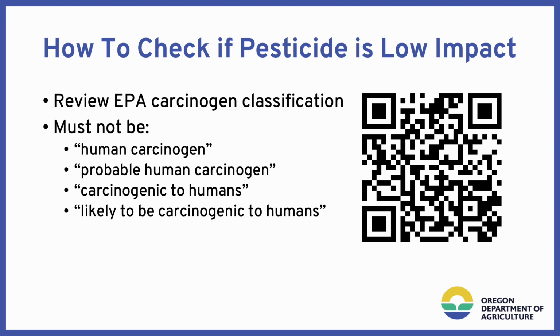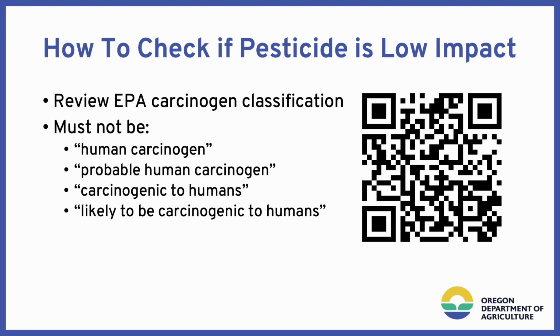This marries the 2 guidelines cited in ORS 634.705, subsection 5, which we touched on earlier. The overview begins with descriptions on how the carcinogen classifications were determined and how they will be labeled. This will be followed by a table evaluating active ingredients by name with their corresponding carcinogen classification.